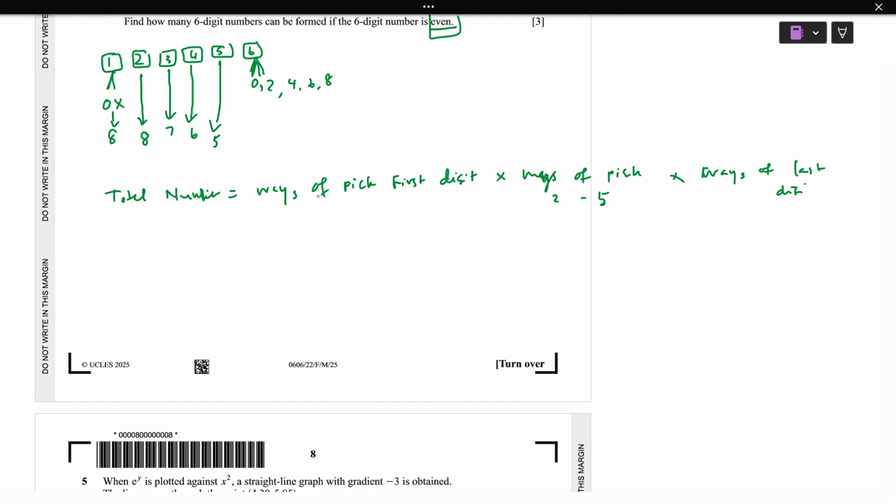So the first digit has 8 chances, the second digit also has 8 chances, next digit 7, next digit 6, next digit 5. This is all the chances. The last digit has 5 chances as well. So when we multiply, we'll get 67200 numbers. We can form 67200 six-digit numbers. Yeah, the remaining questions we'll see in the next video. Thank you. Bye.